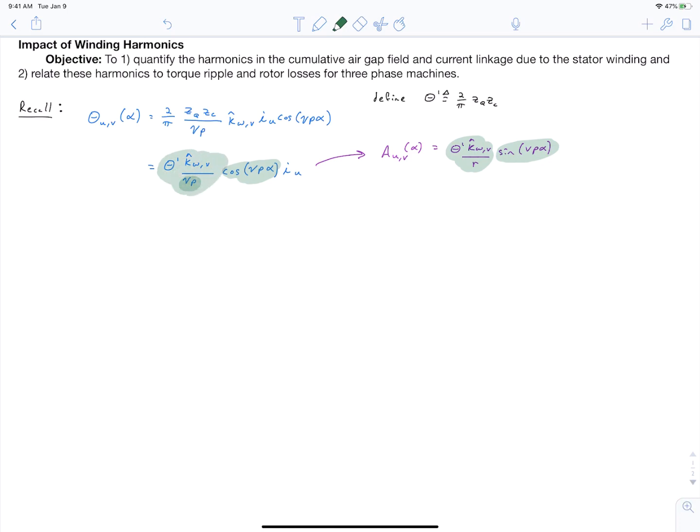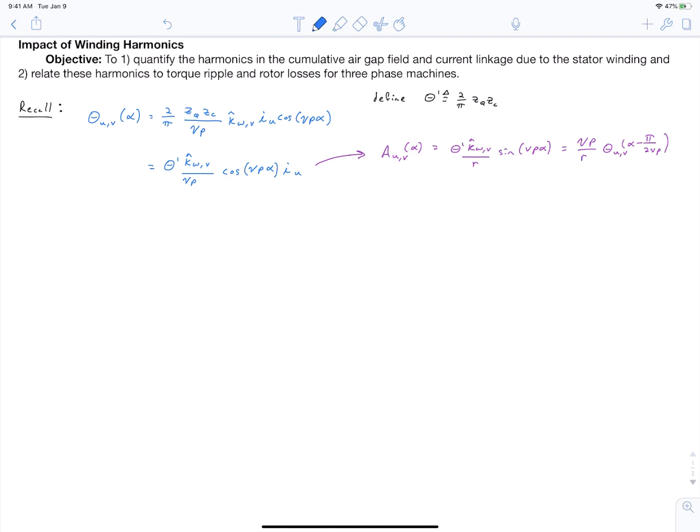And so this is something that we developed back in our machine design sizing unit when we talked about equivalent current densities. And so we can more generally write this as follows. And so you can see I'm taking Vp over R times our current linkage, and then our current linkage is phase shifted by pi by 2 Vp, which is what turns this cosine into this sine.